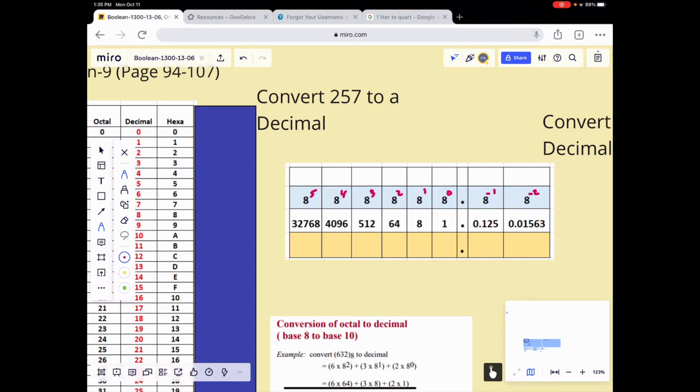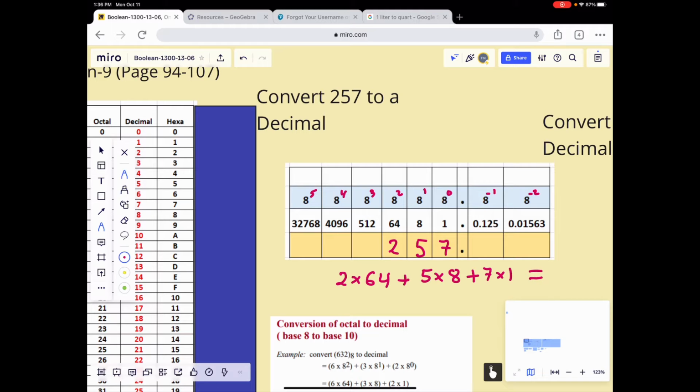So I'm going to line them up according to the place value: 2, 5, 7. All right. Then the weight for the MSB, the most significant digit, is 64, so you write out 2 multiplied by 64, add 5 multiplied by 8, and add 7 multiplied by 1.